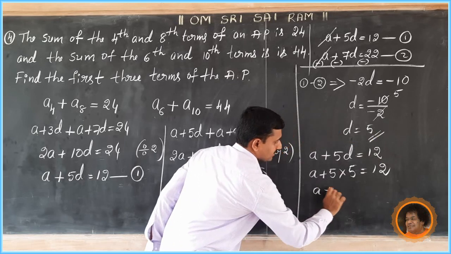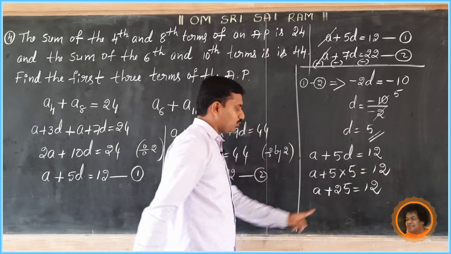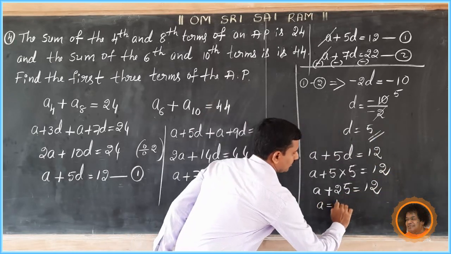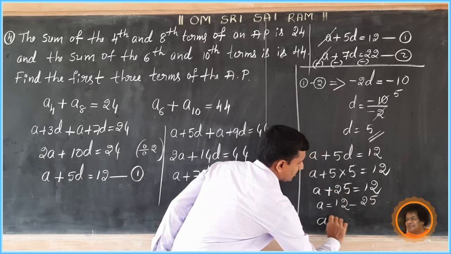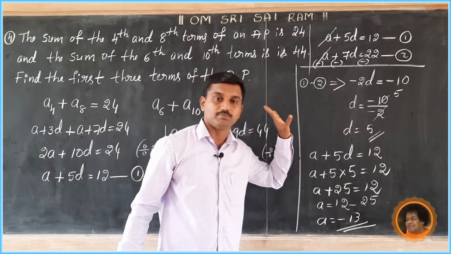So A plus 5 into 5, 25, equal to 12. 25 is a constant term, transpose it to the right hand side. So A equal to 12 minus 25. So A equal to minus 13. This is the value of the first term.